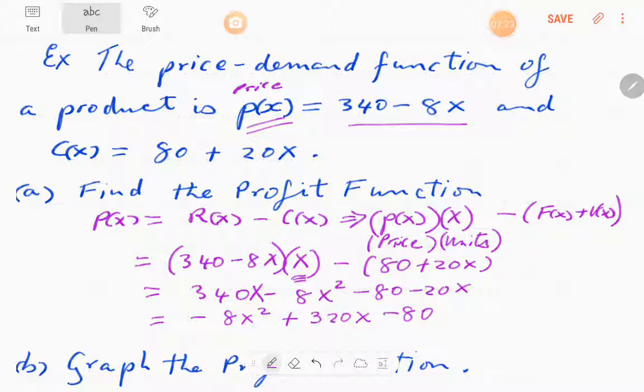Okay, so here we have a minus 8x squared, and we want to have that. And we'll see when we have the minus 8x squared, we have this quadratic function. And this gives us, if we were to graph it, you'll see that it gives us an upside down parabola.